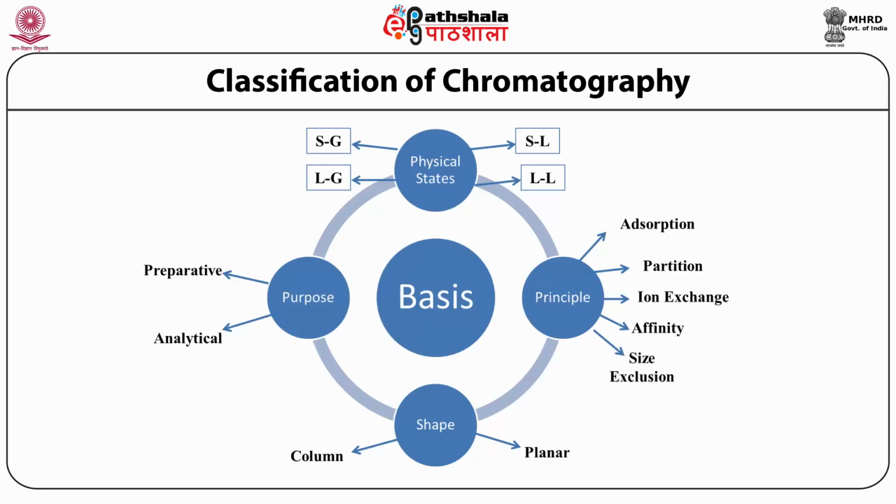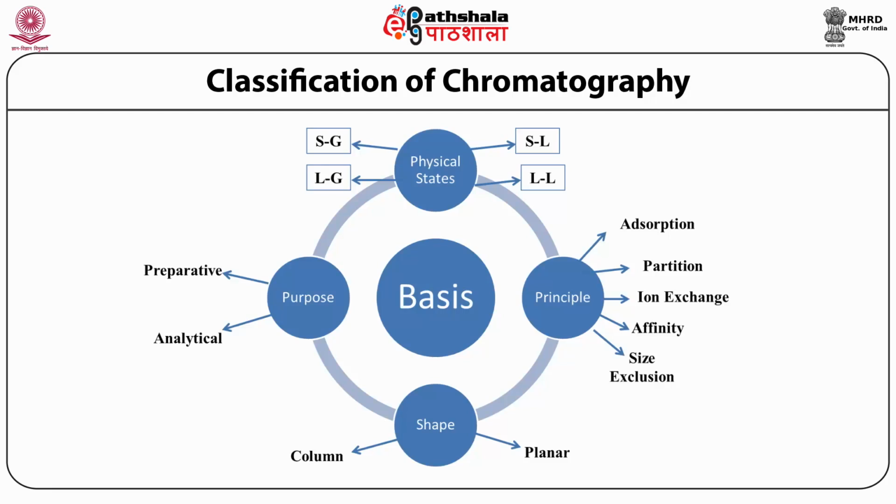A carrier gas, an inert gas, is used as a mobile phase and stationary phase comprises of a non-volatile liquid coated as a thin layer on an inactive solid support or on the inside walls of the capillary tube. The compounds are separated according to their partition coefficients.